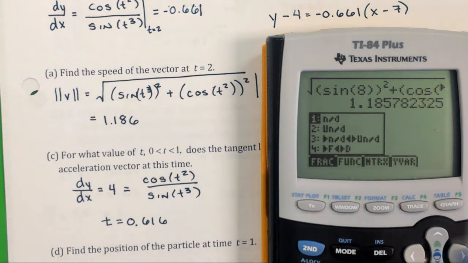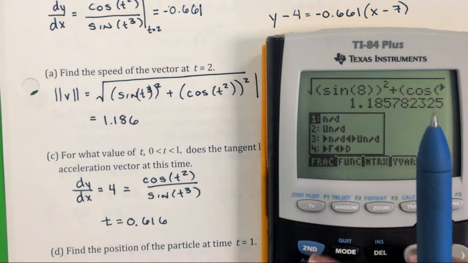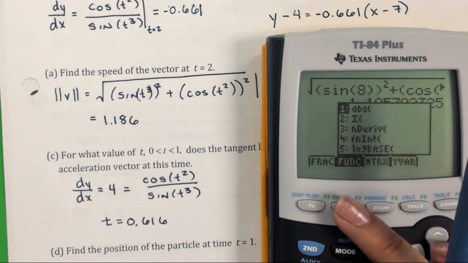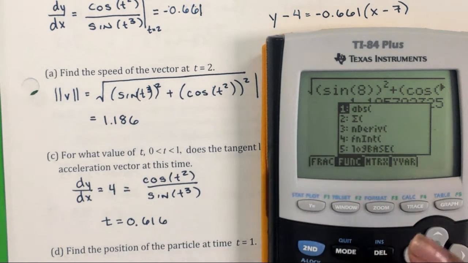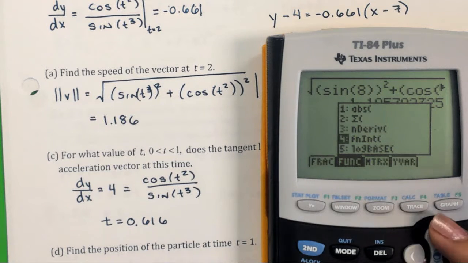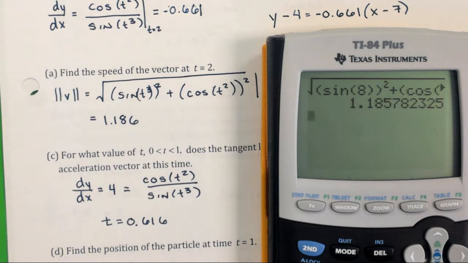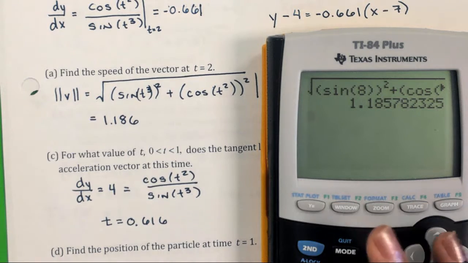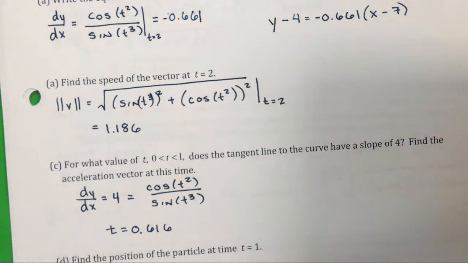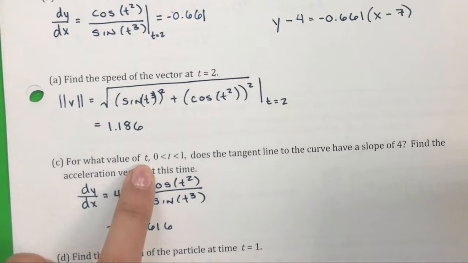Yeah, the first one gets you fraction. If you do alpha y2, you can get the derivative and the integral. But I just do math 8 and math 9 is easier than that.